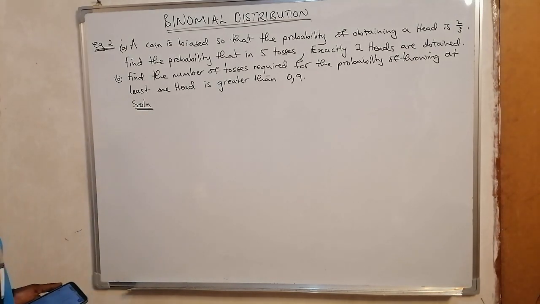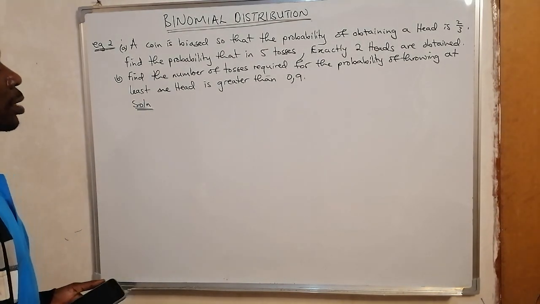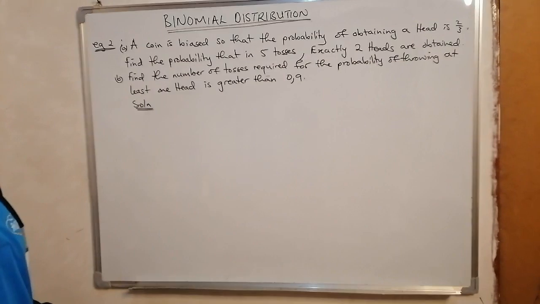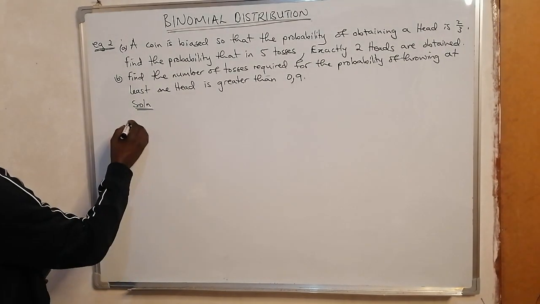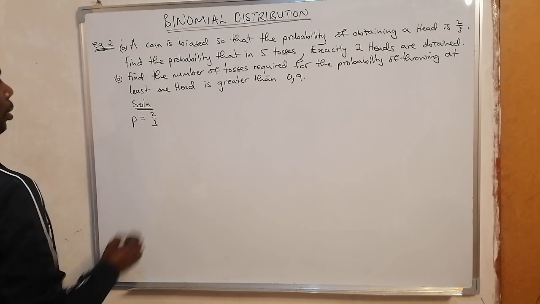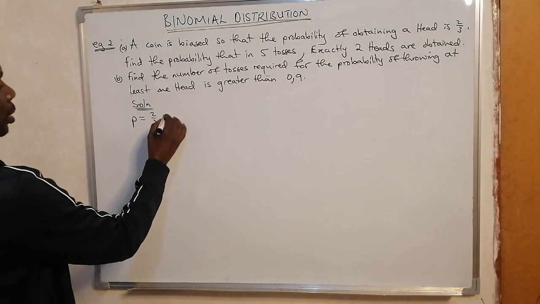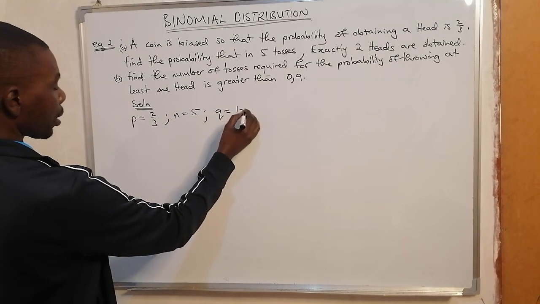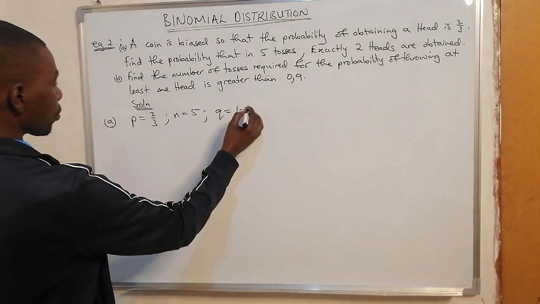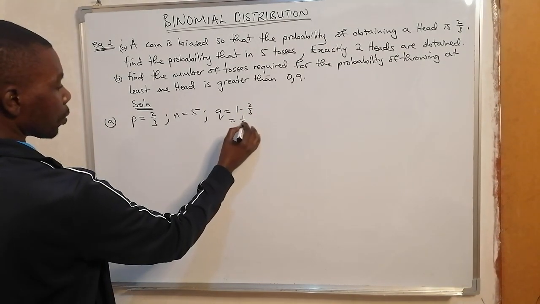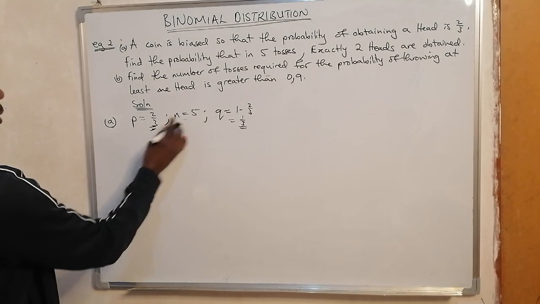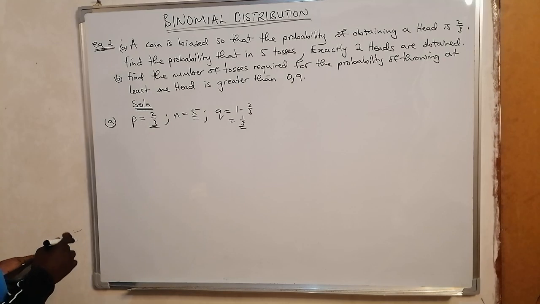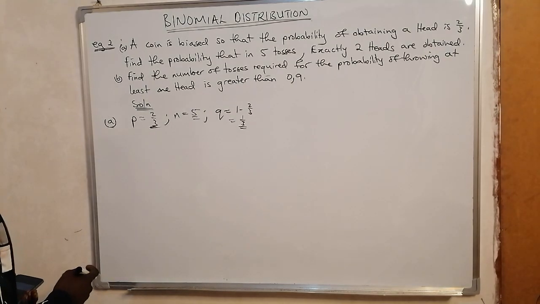Right, we are given that a coin is biased so that the probability of obtaining a head, so in this case, our probability of success is 2 over 3. We have our p as 2 over 3. Find the probability that in 5 tosses, therefore n equals 5 and q equals 1 minus 2 over 3, which is 1 over 3, right? So this is the information that we are given. Now the first question is saying exactly 2 heads obtained.